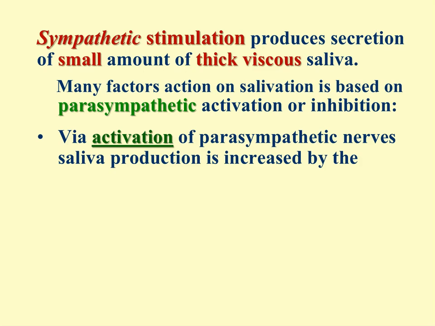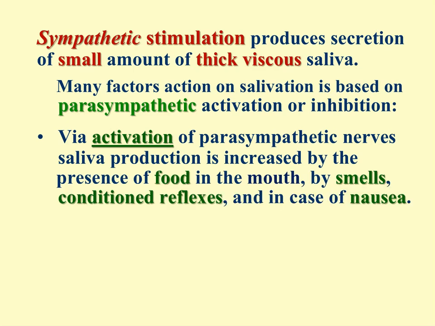Due to activation of parasympathetic nerves, a number of factors increase saliva production. And the first factor is presence of food in the mouth. It's clear that it should stimulate the receptors, stimulate the centers of parasympathetic nerves responsible for salivation, and then food activates the salivation as a result.